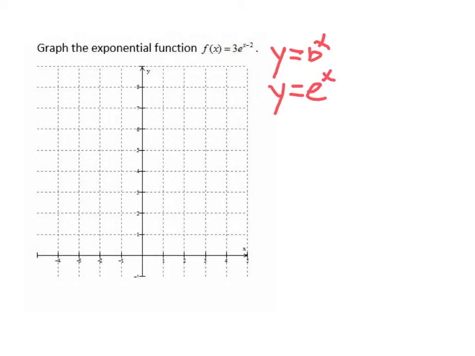Now, functions of that form b to the x always contain these three specific features. They always go through the point (0, 1), so we could go ahead and plot that. They always go through the point 1 and then whatever the base is, so base e, which we want to be aware is approximately equal to 2.7.